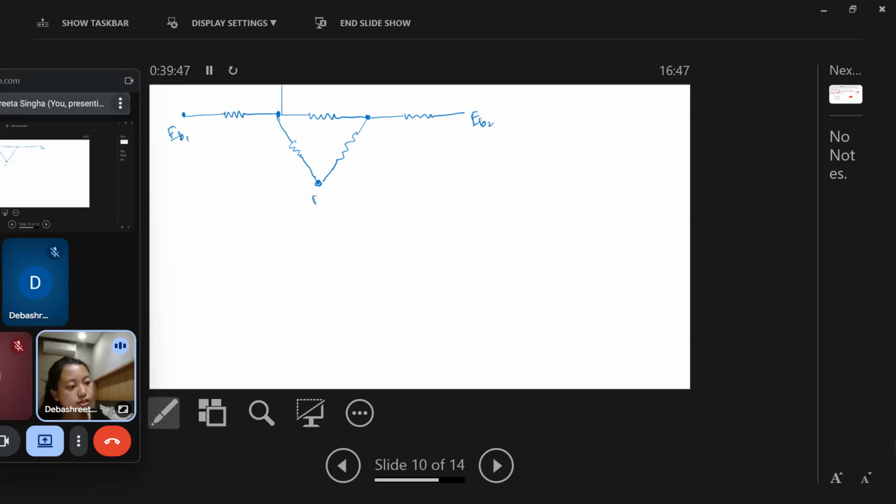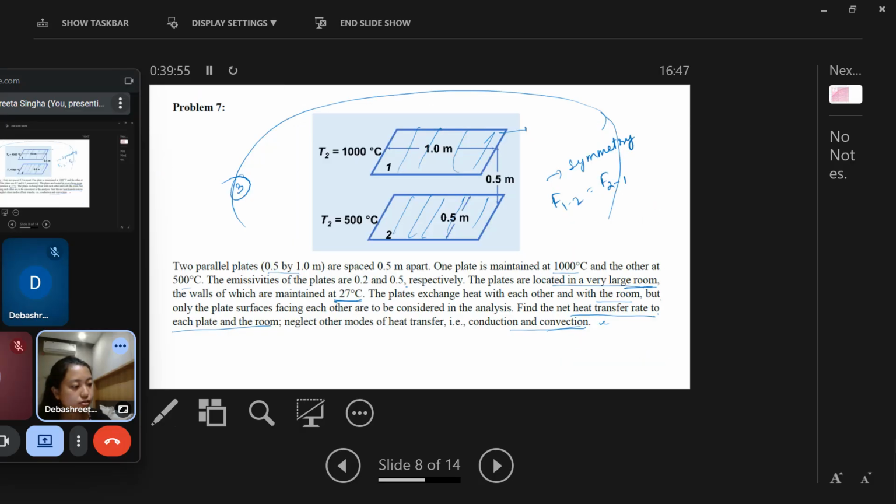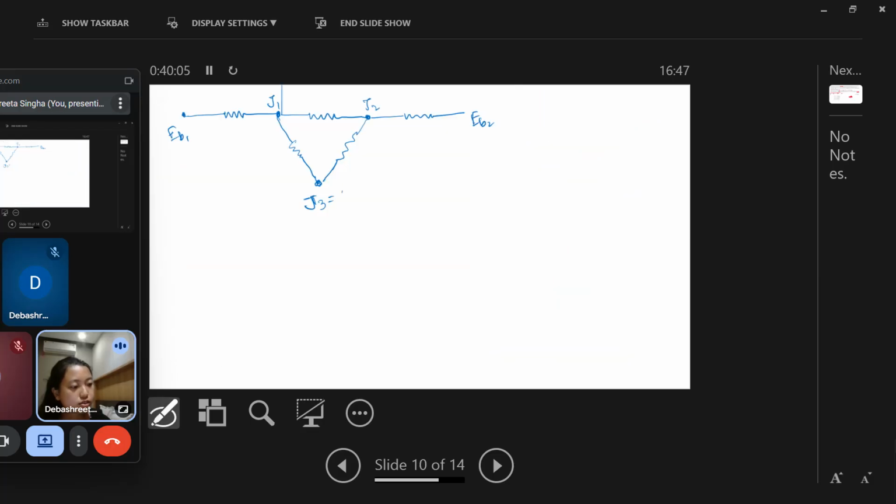So this is surface 1, surface 2, and surface 3, that is the outer surface. That means the large one, which can be considered a black body also because its resistance is very less. So this can be considered a black body.